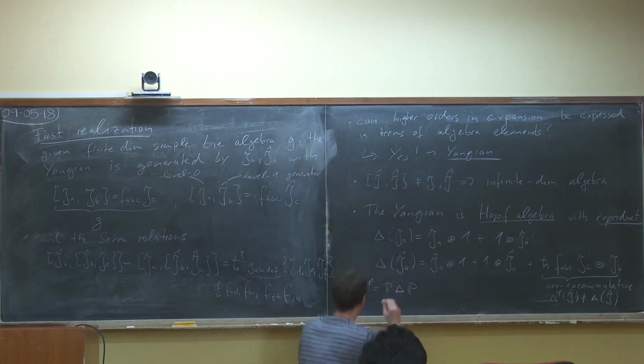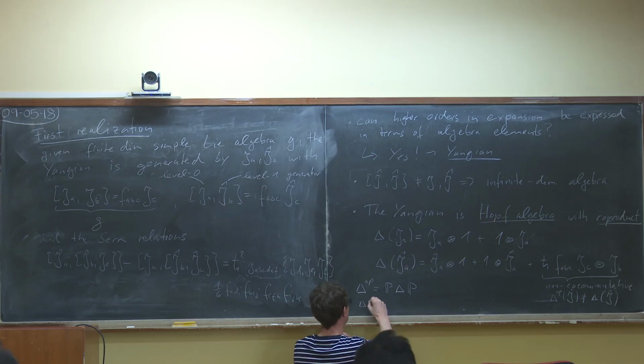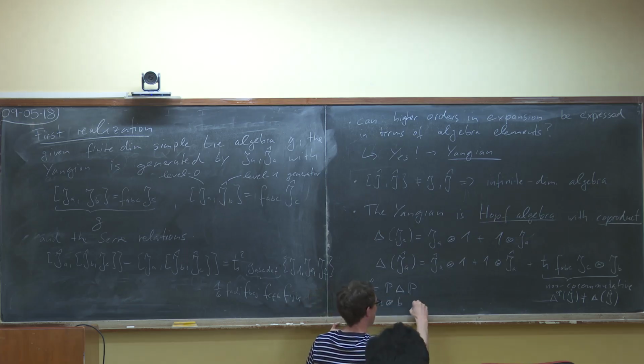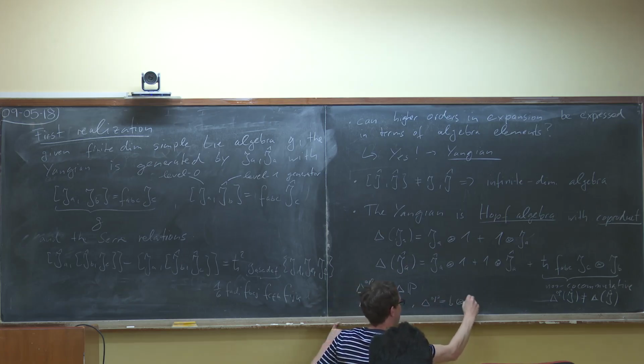So if, for example, delta is A times B, then delta op will just be B times A.